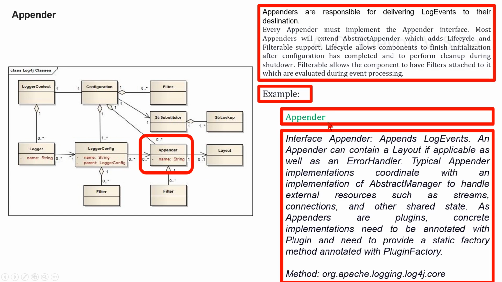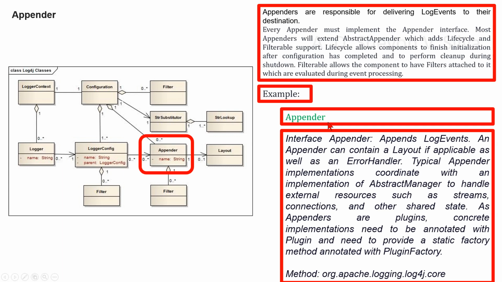We can consider the interface Appender. Appends log events. An appender can contain a layout if applicable as well as an error handler. Typical appender implementations coordinate with an implementation of AbstractManager to handle external resources such as streams, connections, and other shared state.